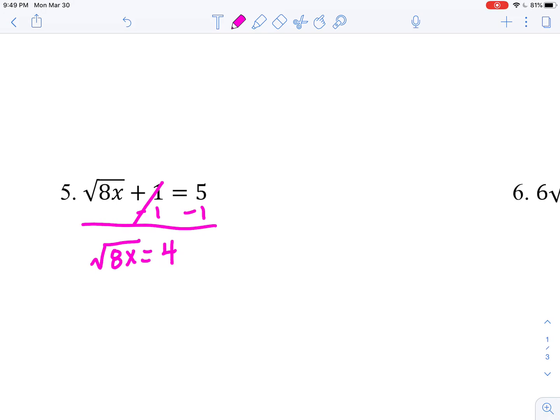And now that we have the radical alone on the left side of the equation, now we can square both sides. On the left side, we get 8x. On the right side, 4 squared is 16. And when we divide both sides by 8, x should be 2.